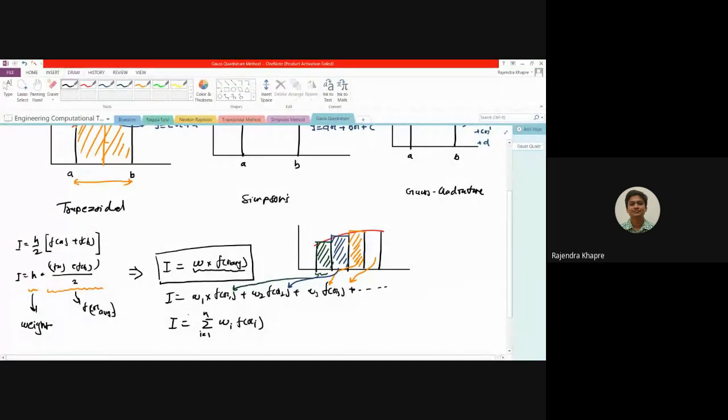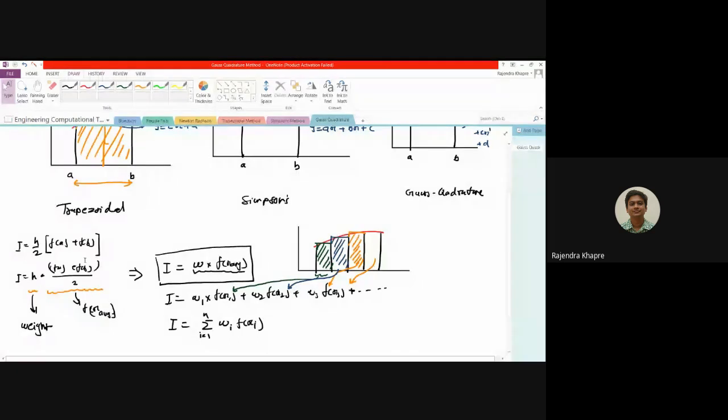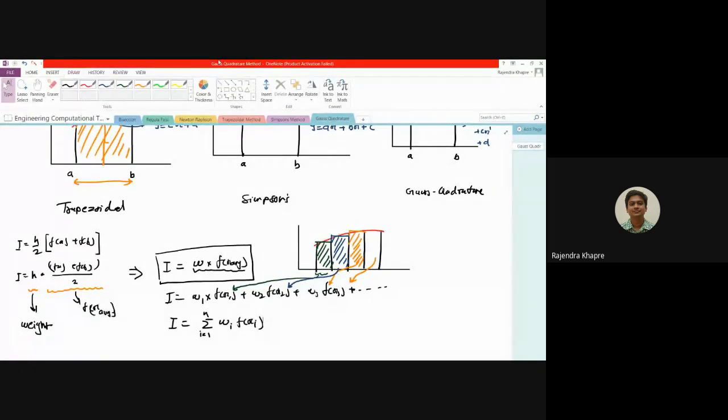Can I write it like this? Is it okay? Yes student, is it okay? Do you understand? Okay. So this is a general representation of an integration equation which can be written as the weightage multiplied by the height.